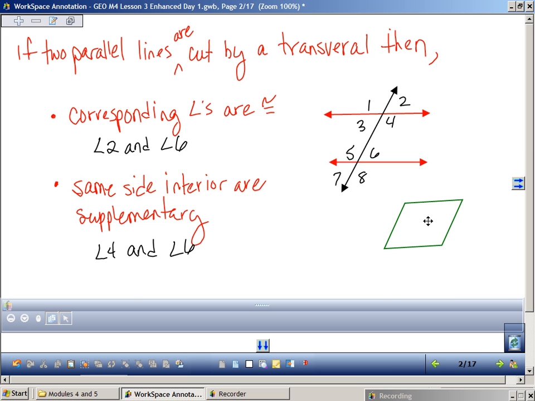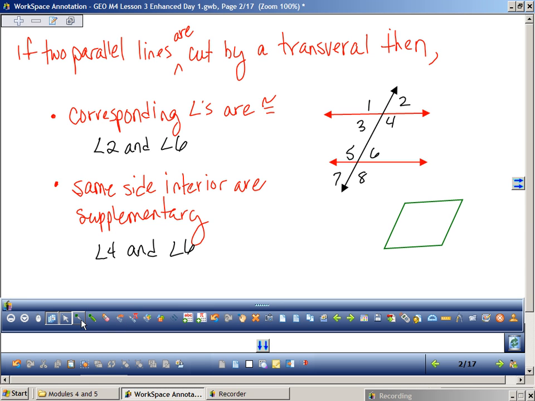There's 360 degrees inside of any four-sided figure. Okay? There's 360 degrees inside of that shape right there, no matter what. We'll talk about that later, but there's 360 degrees no matter what angles there are. You add them up and you're going to get 360.